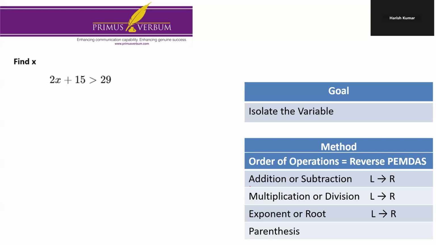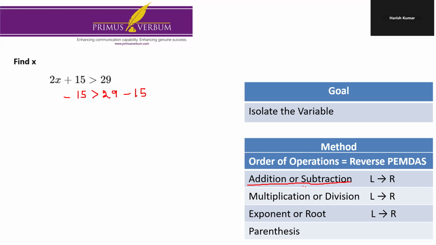We need to first see if there is any scope to perform addition or subtraction, and we move from left to right. Yes, we have a plus 15 here, so we can perform the subtraction operation to get rid of this 15 on the left hand side of the inequality, in which case we have to subtract 15 from the right hand side of the inequality as well.